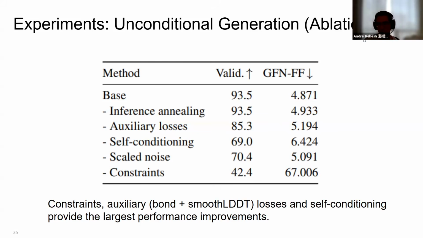This might honestly be a limitation of the model itself. I am not entirely sure how much I should reasonably expect the model to be able to learn about chemical compatibility without any constraints. But with them, and with self-conditioning and auxiliary losses like bond and smooth LDDT loss, the validity becomes quite high.